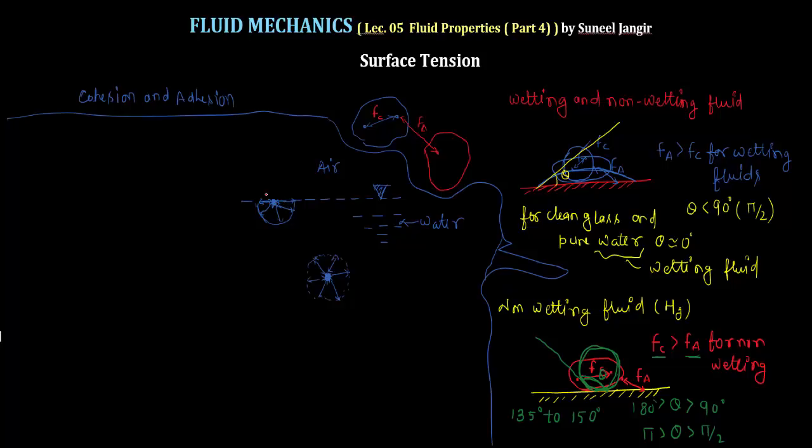How? Let's consider it like this. This is a paper sheet, and you can imagine this is a fluid surface. All the particles are lying on this surface. So let's say I provide a weight here over this surface.